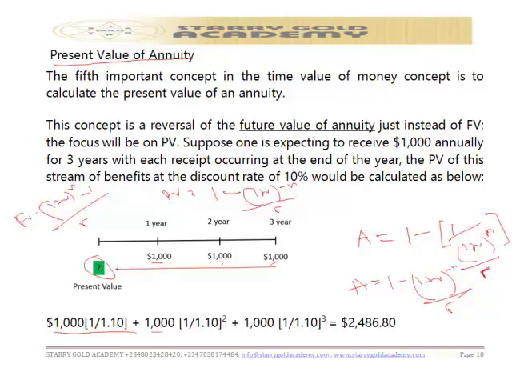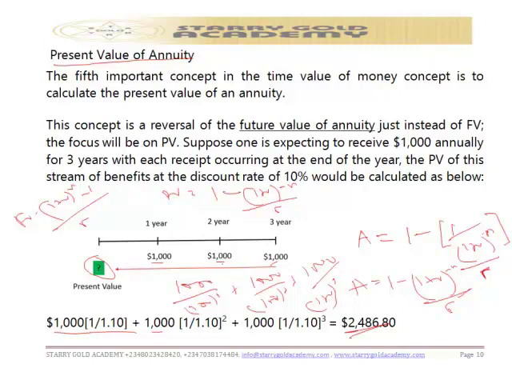This can be written as 1,000 all over 1 plus r raised to power 1, plus another 1,000 all over 1 plus r raised to power 2, plus the last one, 1,000 all over 1 plus r raised to power 3. When you add all this together, this is what you will get. But if you apply the model, you also get the same thing.